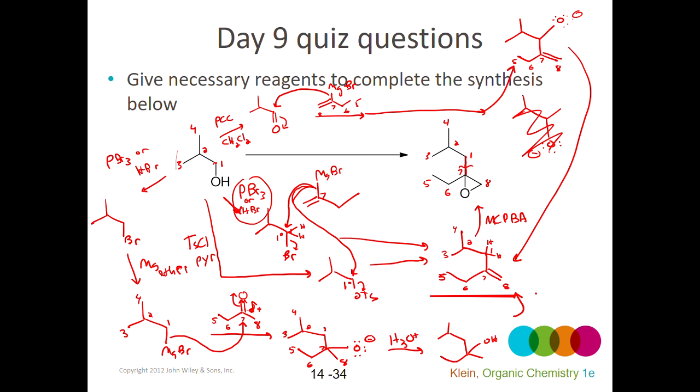So to do that, I would start by making it a much better leaving group. And then I would use a sterically bulky base to make sure it picks off the most available hydrogen on this least sterically hindered beta carbon, right? This carbon here and this carbon here are also beta, and they have hydrogens.